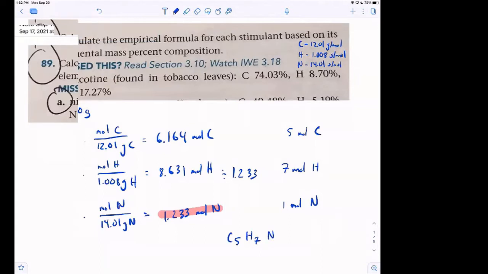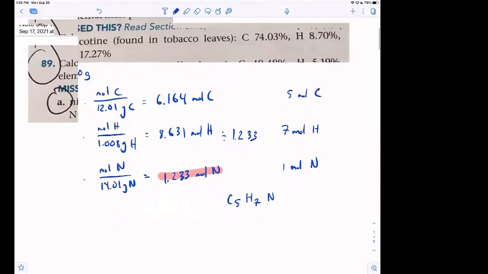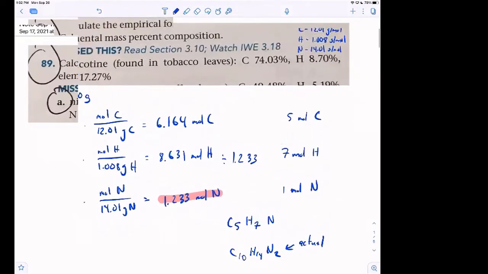I think it's double that. I looked it up on Google: what's the formula for nicotine? The actual formula for nicotine is C10H14N2. The empirical formula is the lowest ratio.